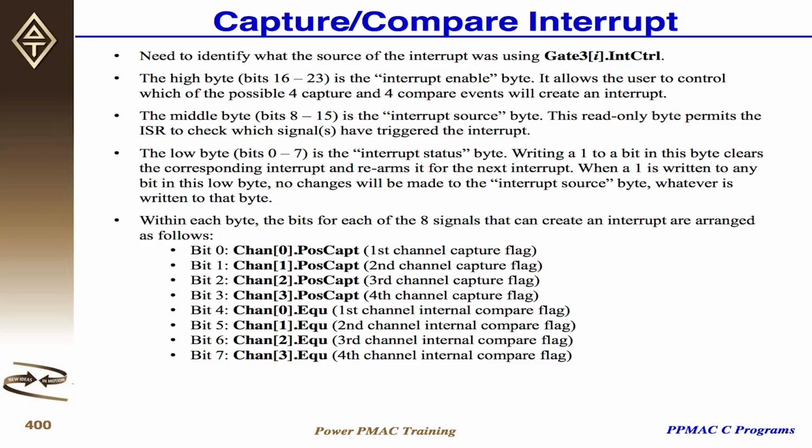Or sorry, the first 4 bits are the capture flags, and the next 4 bits are the internal compare flags for the channels in your IC. So bit 0 pertains to the first channel's flag, bit 1 pertains to the second channel's flag, and so forth. So you set that up before you use the capture compare interrupt. Make sure you set up the interrupt enable byte, and then inside the capture compare interrupt, we actually read that structure to see what caused the interrupt and take actions appropriately.